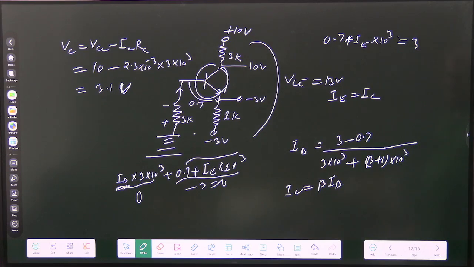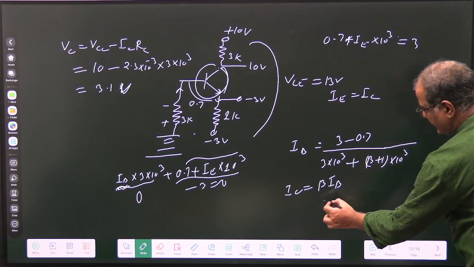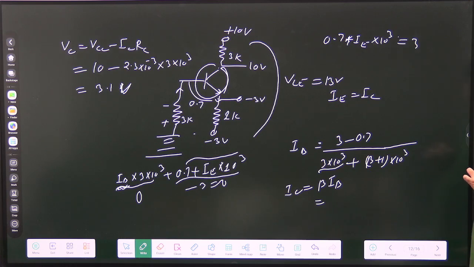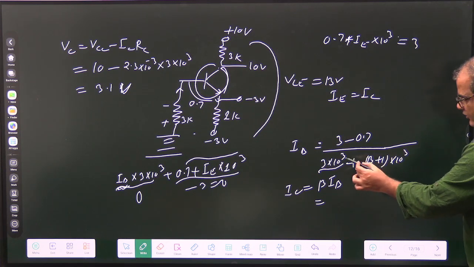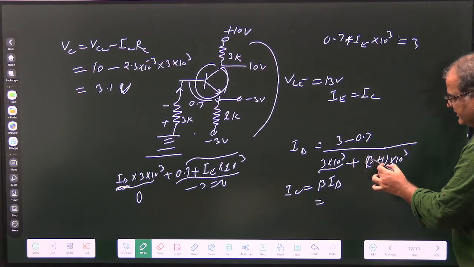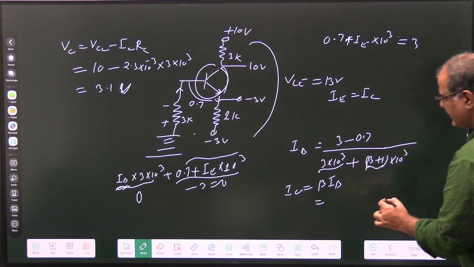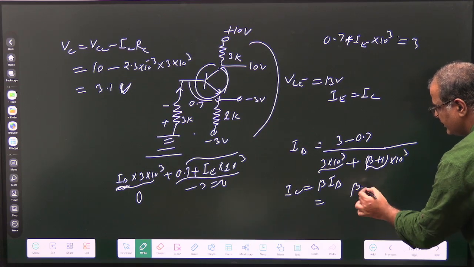Yes. So beta is very high. Okay, so now beta is high, so I can neglect this part. See, this is kilo ohm, and this is beta plus 1. This is 3. So this is very large. So I can write this as beta.